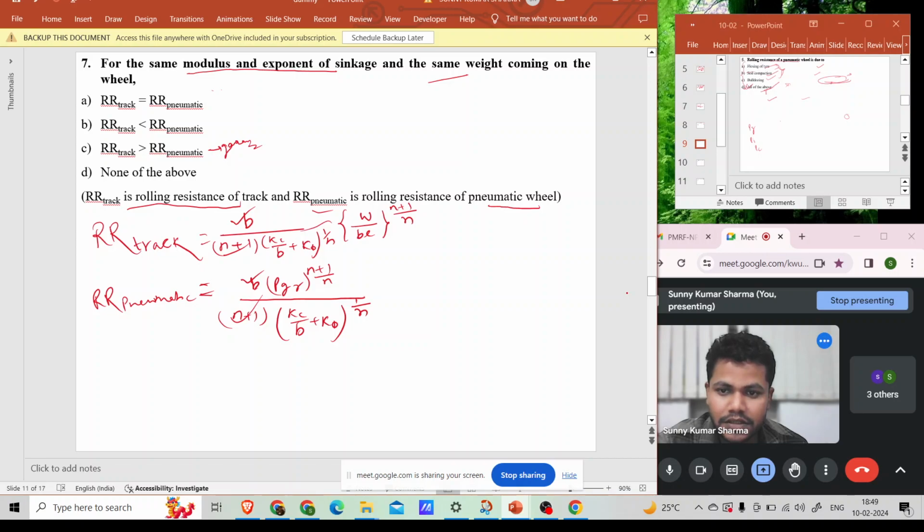Kc by b plus Kphi is to the same exponent, so Kc by b plus Kphi is also the same. The only difference is this expression. And this is also the same. This is the weight coming on it divided by the contact area.